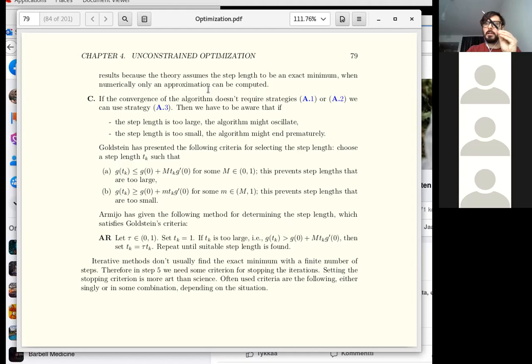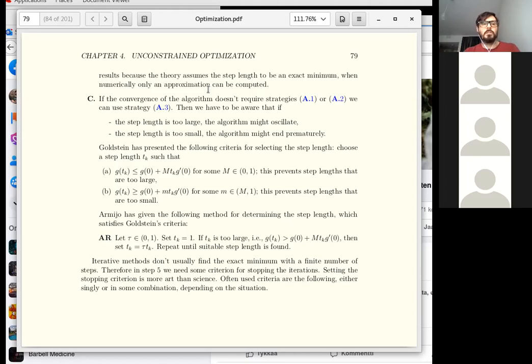This p again is the direction, and T is how far you go in that direction. So make sure that you go far, but don't go too far, and then find another bound that makes sure that you go far enough.